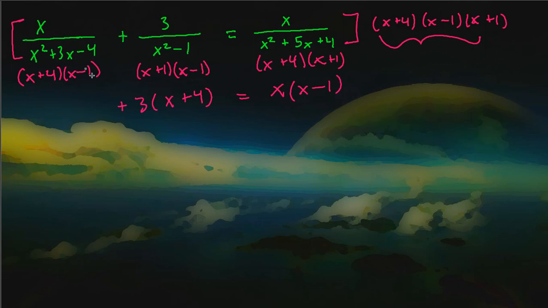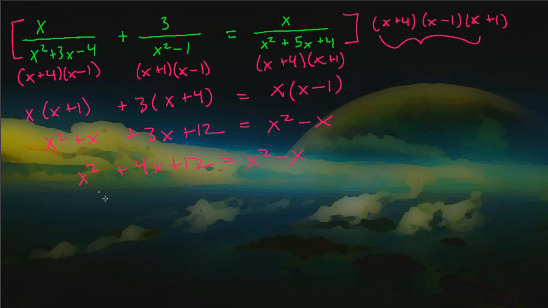And then the x plus 4 and x minus 1 will cancel, leaving me with an x plus 1. Now I distribute. And I'll combine like terms. So I get x squared plus 4x plus 12.